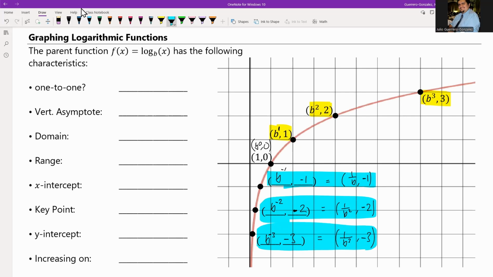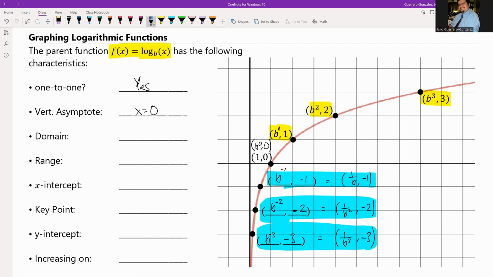Now let's get into answering some of the other questions on the left-hand side of the screen. Suppose we had log base b of x, the function itself. It will have the following characteristics. Is it 1-to-1? Heck yeah, it is. If you remember, 1-to-1 is a horizontal line test. Vertical asymptote, always going to be x equals 0.